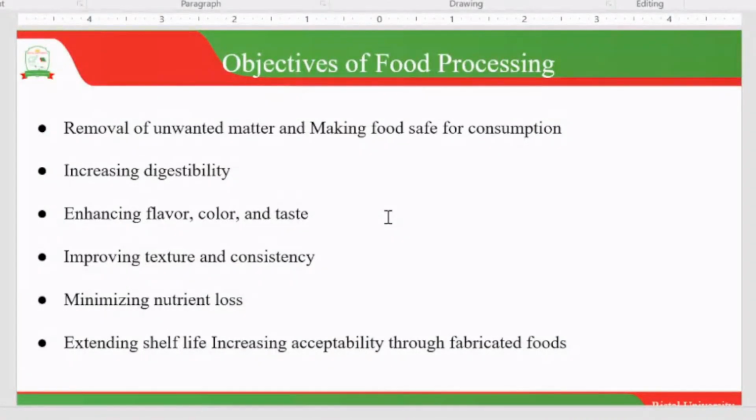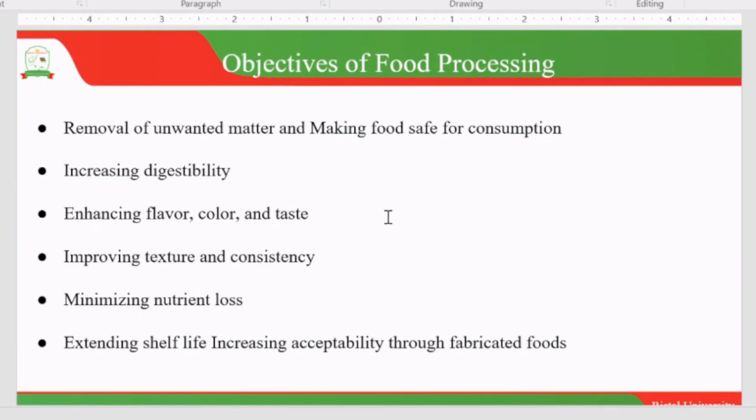And also, we are looking at enhancing flavor, color and taste. For example, the easiest example I can give is of bananas or matoke. No one can eat that matoke with that covering on it. But when you peel that matoke, what you're eating inside has a good color, and also the taste is good.